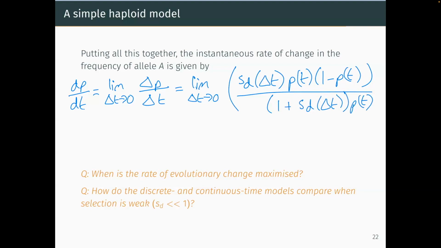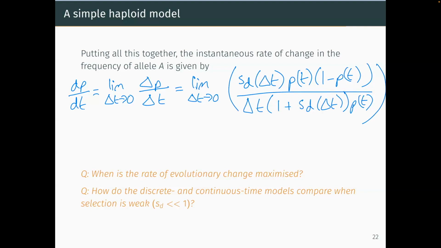This isn't complete yet, so we'll write something else in here. This here is just our delta p from earlier, but with our arbitrary window delta t incorporated into our selection coefficient. That's all that's changed. One thing that's missing from here is this delta t here, so we need to divide by delta t. I'm just going to put this here.